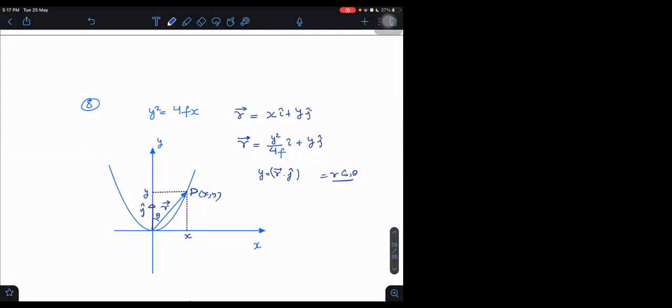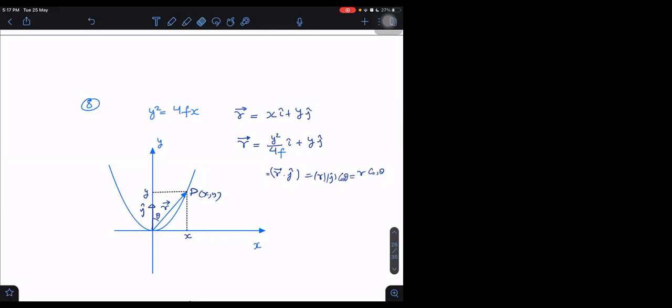I hope you are understanding this. If you are not understanding, then I may have to write one more step in between to make you understand. It is nothing but magnitude of r into magnitude of j into cos of the angle between them. Magnitude of j is 1 unit, so we can just write it safely as r cos theta. And r cos theta is nothing but y only. If you don't understand this, then think in this way.